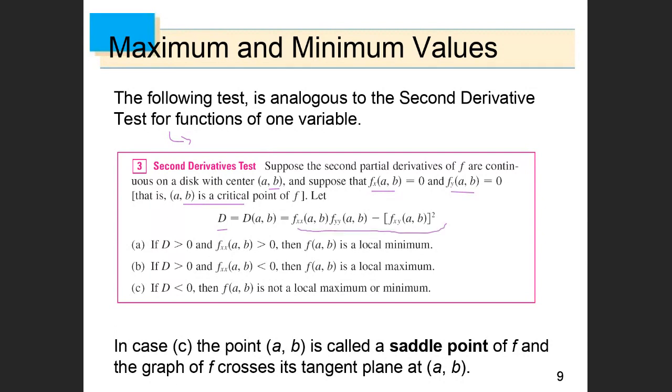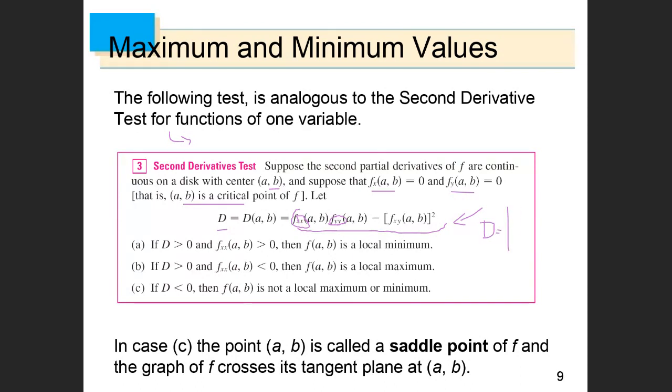It's the product of the second derivative of f with respect to x, so you see f_xx here, we differentiate twice with respect to x, and here f_yy, we differentiate twice with respect to y, minus f_xy squared. So what is this? This is the determinant of the Hessian matrix. This is the determinant of which matrix?